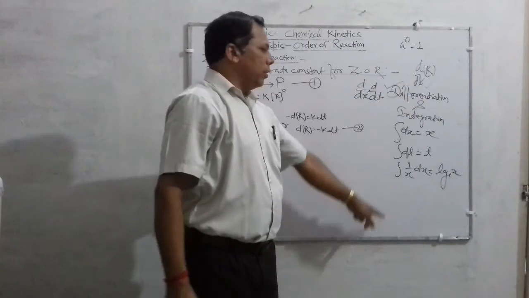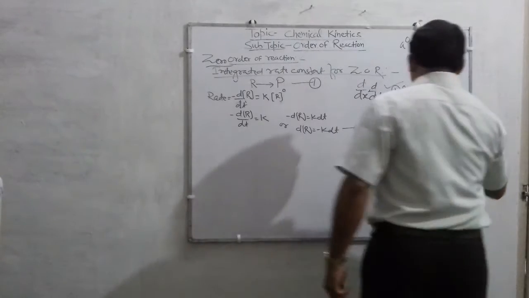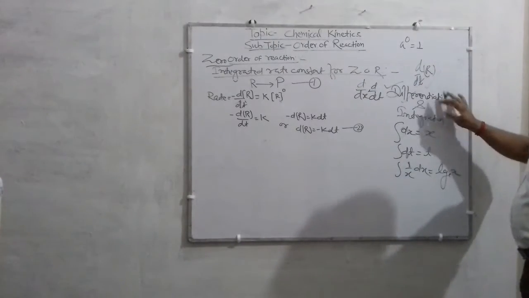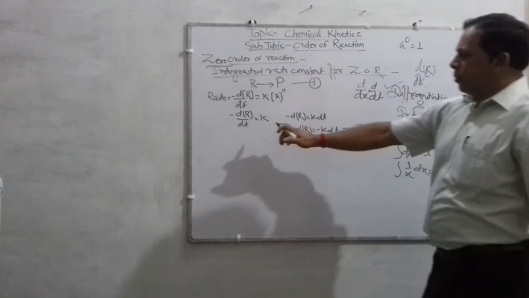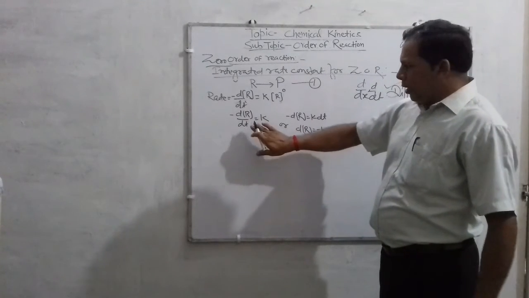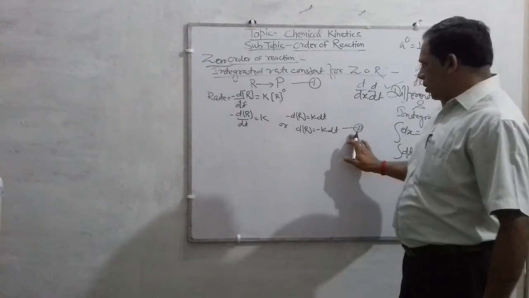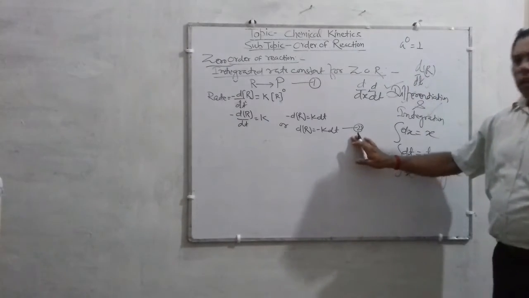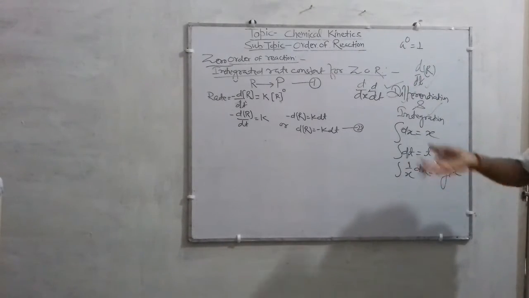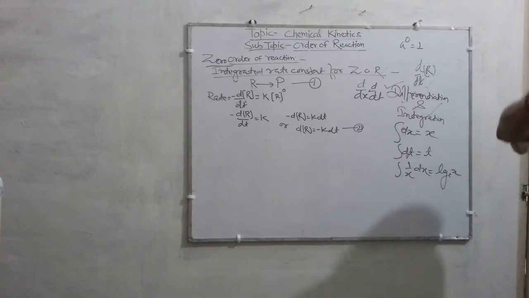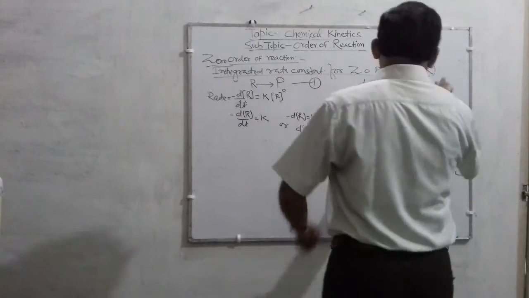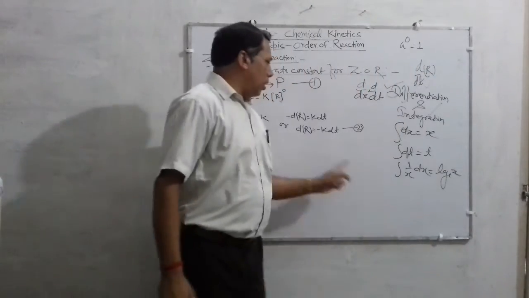Differentiation and integration are the two terms we are going to implement here. Integration is the reverse of differentiation, so no need to go into detail, just know the formula.